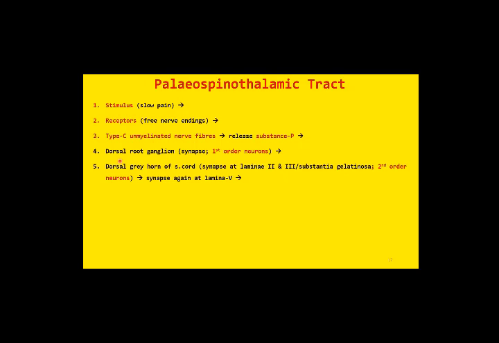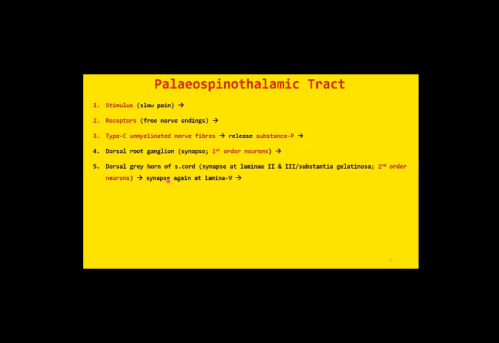Instead of synapsing at lamina 1 or the lamina marginalis, the paleospinothalamic pathway synapses at laminae 2 and 3. And these laminae are collectively known as substantia gelatinosa. This is the site from where the second order neurons arise.